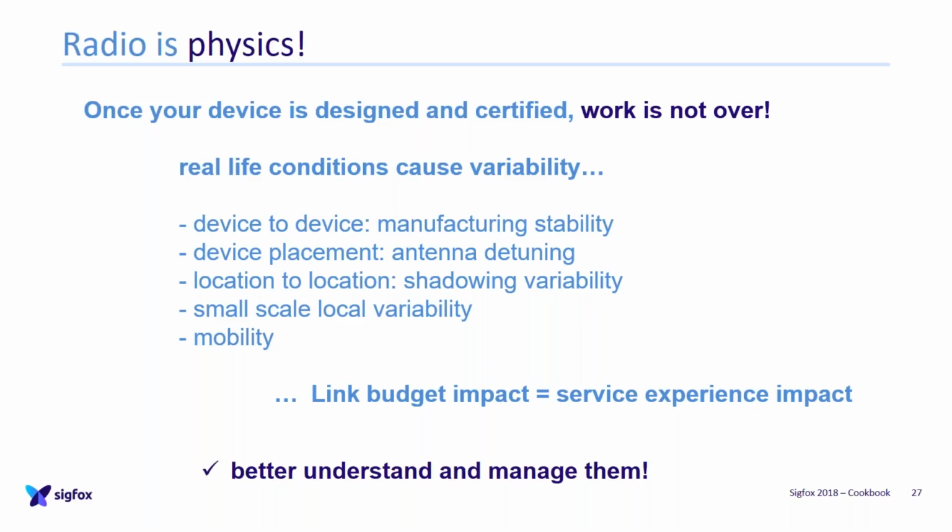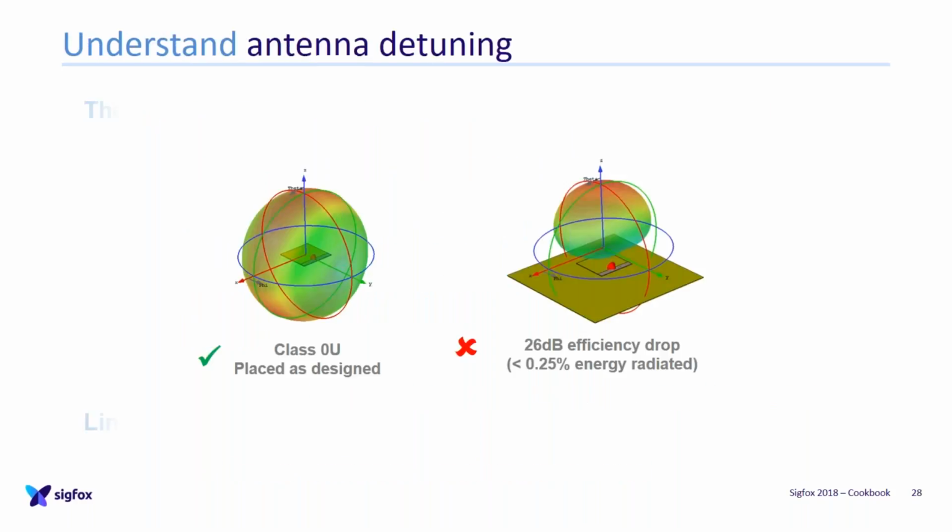So there are things to do to design your devices to avoid variability, and there are things to write and implement, in simple terms, to not fall into the pitfalls of radio.